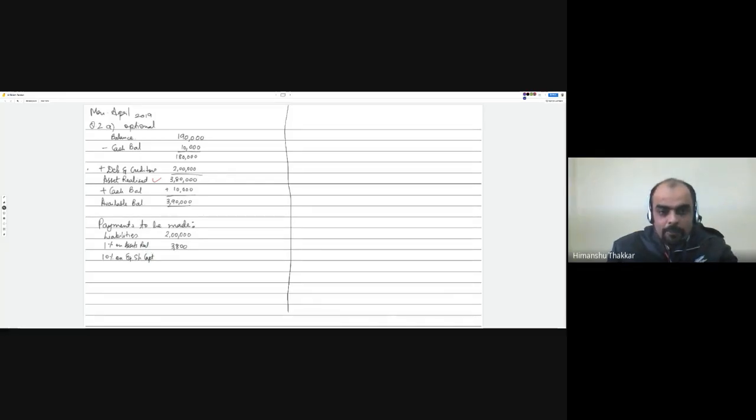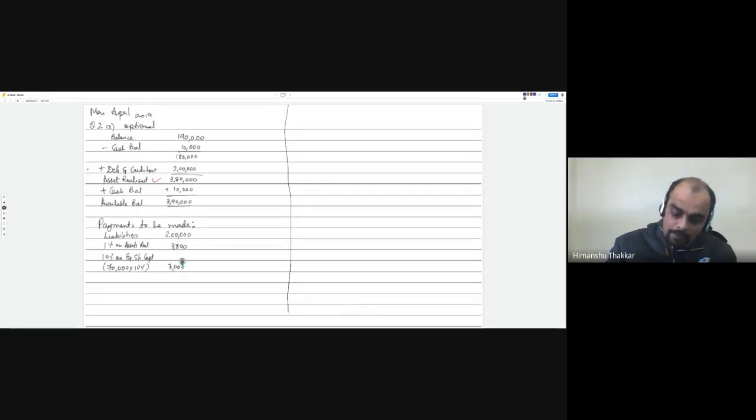We are going to pay 35% of the capital. 35% of 2 lakh is 70,000. 70,000 multiplied by 10%. It is clearly mentioned that out of 2 lakh you're going to pay 35%, and 35% will be 70,000. Multiply 70,000 by 10%, you get the amount of 7,000.